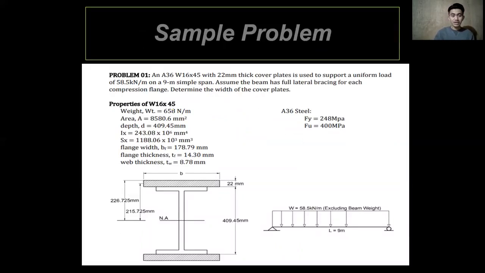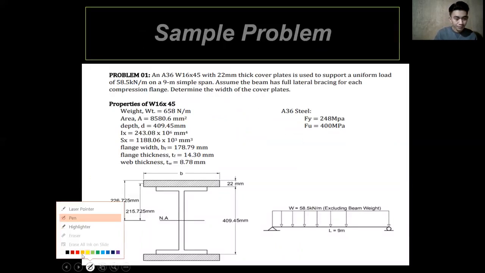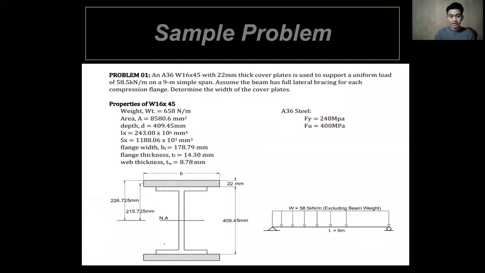What I was saying earlier is, in some problems, you are only given this one. You are only given W 16 by 45. So it is up to you to search for the properties of this section.